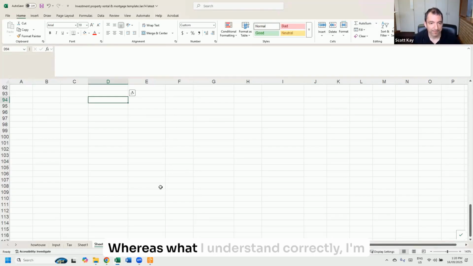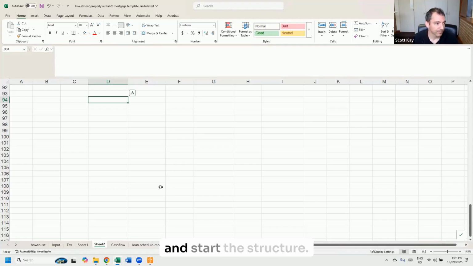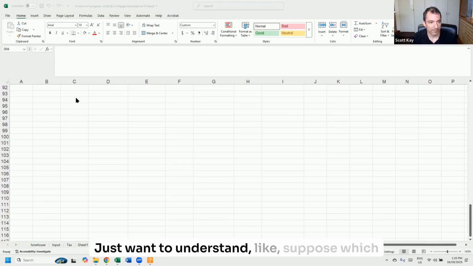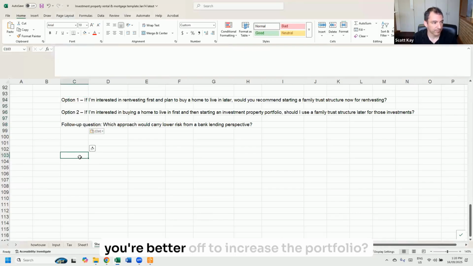Whereas what I understand, correct me if I'm wrong, if we go with option one in this particular instance, you don't buy the first house, but you just go rent vesting and start the structure. And in the future, you sell a few properties and then you start later. I just want to understand which option, from a commercial perspective, you're better off with to increase the portfolio.